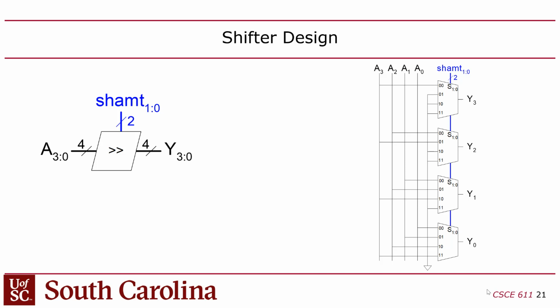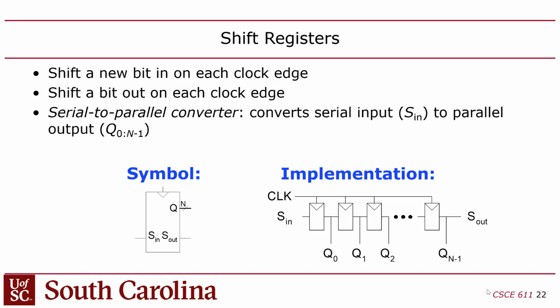Yes? But why can't you just use a shift register and have your bit shift on each clock? You could, yeah, you could do it that way. That's a lot cheaper. In fact, that's what I'm going to show right here. That's a shift register. So a shift register is where you basically have a set of flip-flops, which can be connected, well, one way to do it is to connect them in series, right?